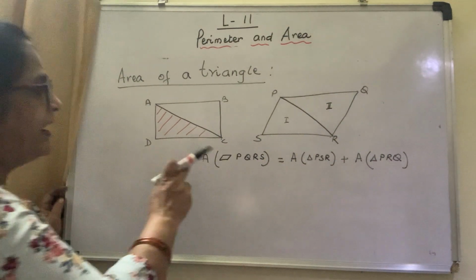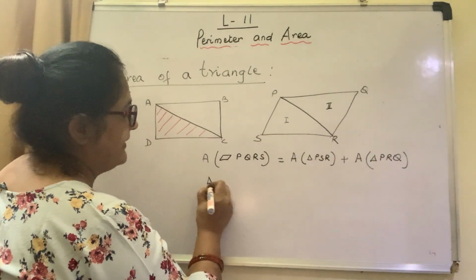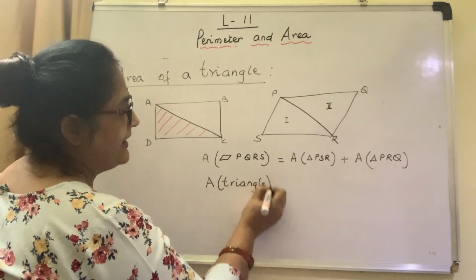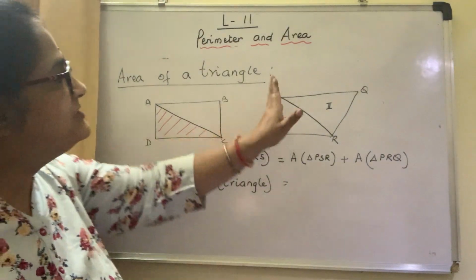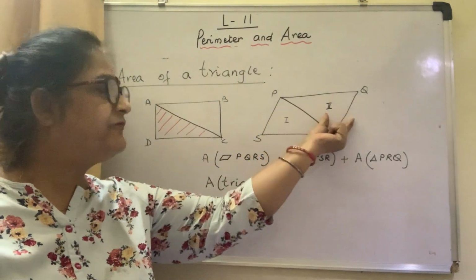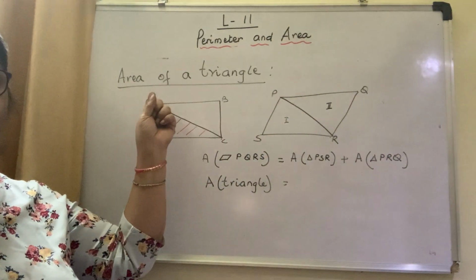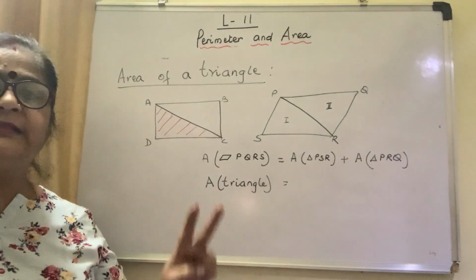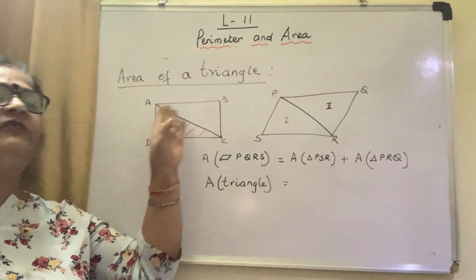Now, if one parallelogram is equal to two triangles, then one triangle is just half the parallelogram, or half the rectangle. A rectangle has two triangles, so one triangle will be half a rectangle.